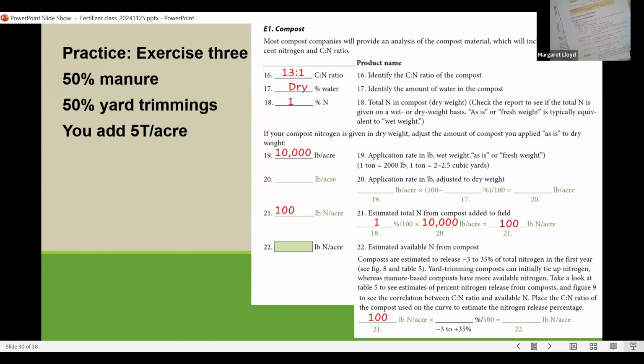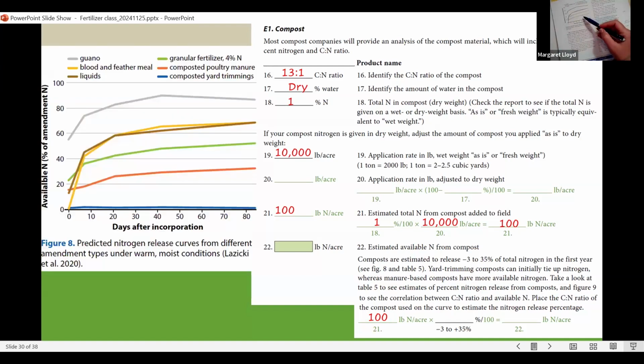Now, how much is going to be available? That's what I'm going to use this figure for. So we've got the yard trimmings on the bottom in yellow. We've got the composted poultry manure in gray. I'm going to estimate it right in between. So I went with about 15% availability.